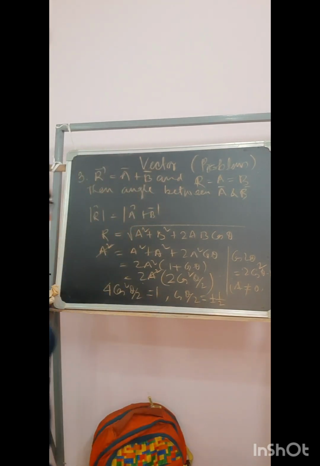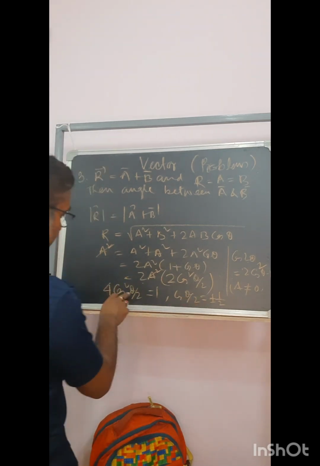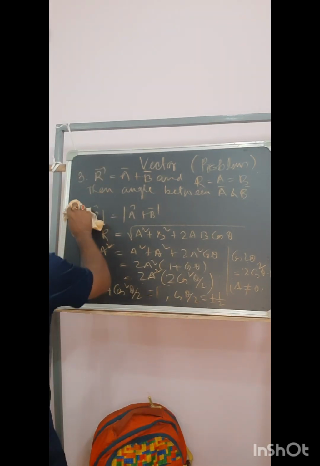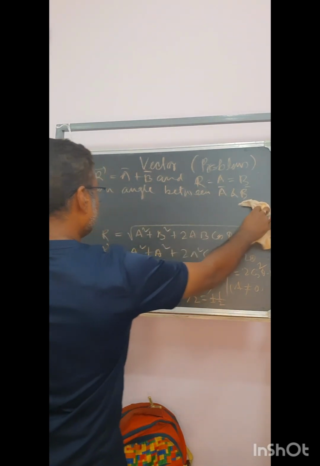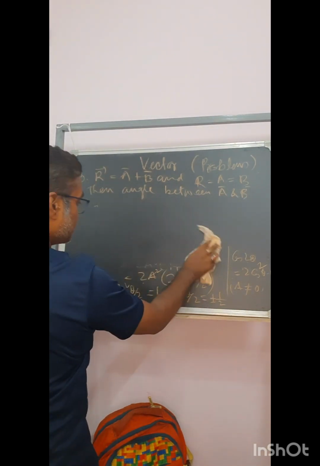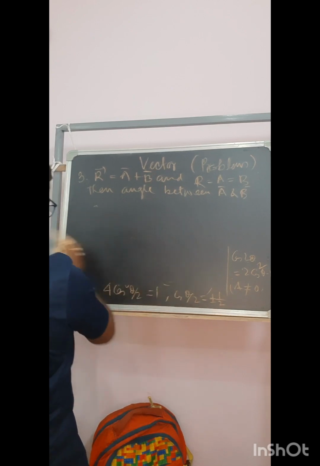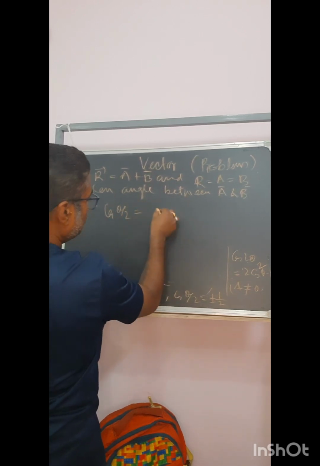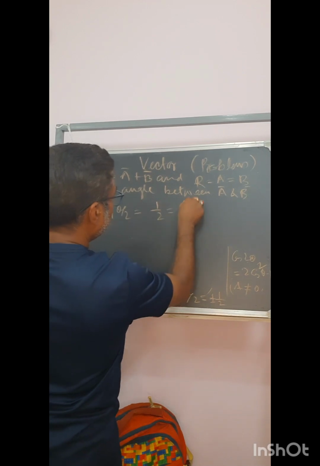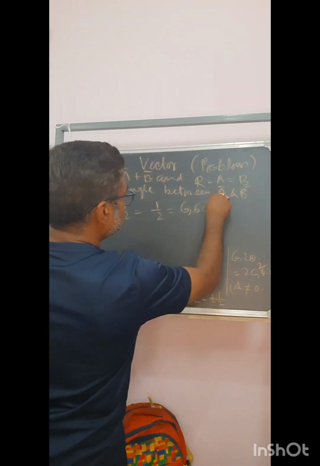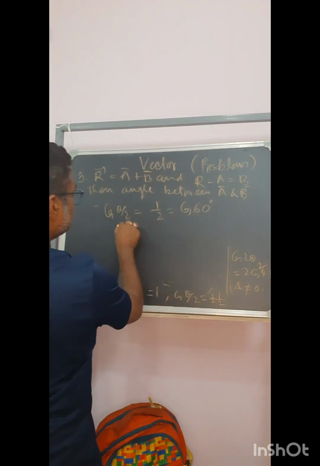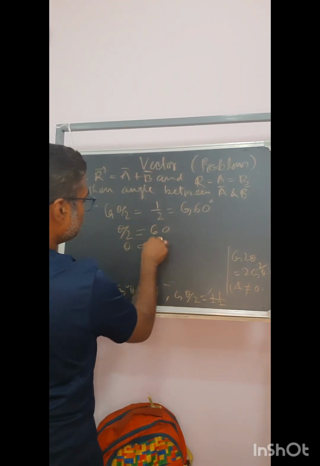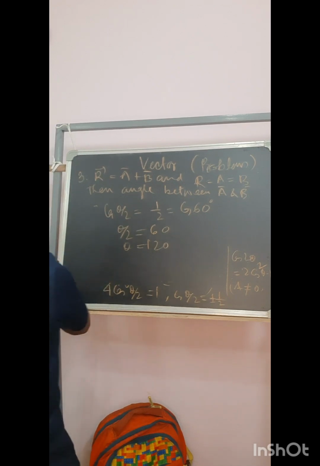Both can be possible, because when you take the square root, as per the rule we have to take plus minus. Now if I take cos theta by 2 equal to plus half, it will give cos 60 degree. So theta by 2 is 60 degree, so theta is equal to 120 degree. This will be one answer.